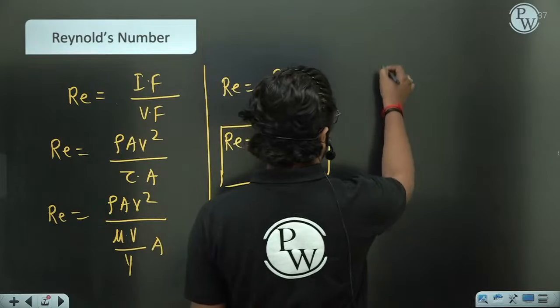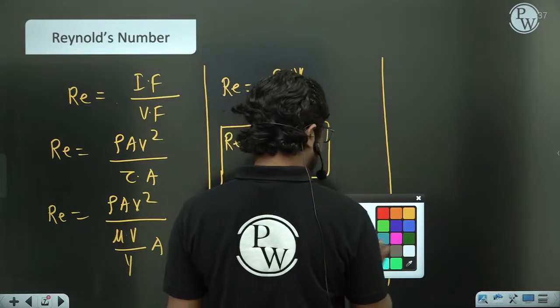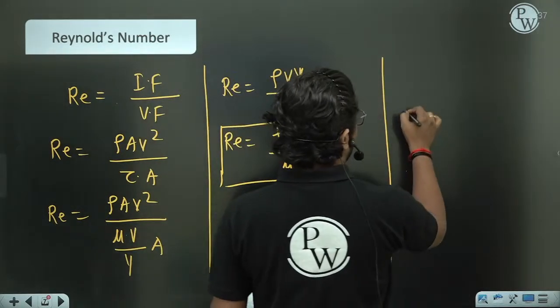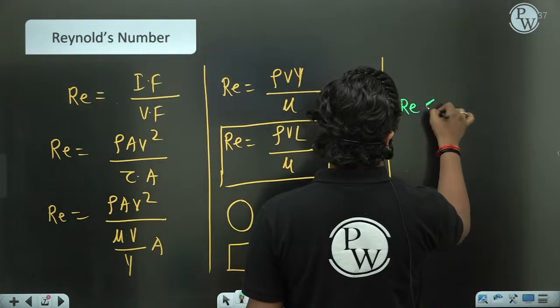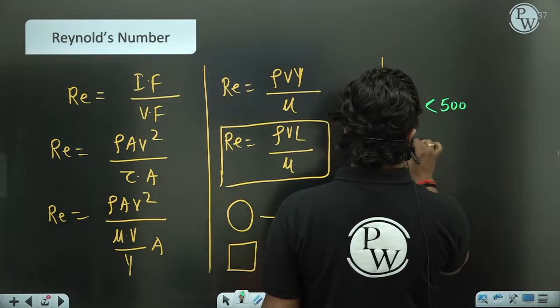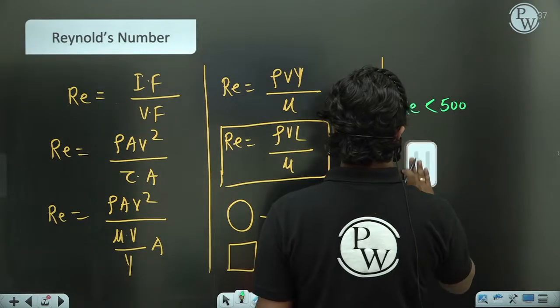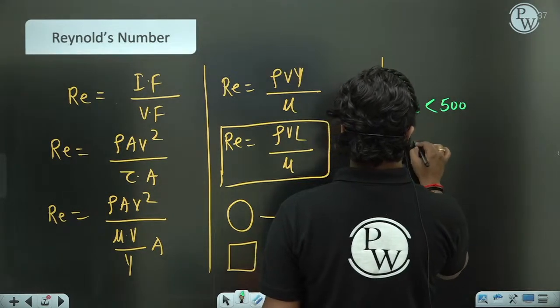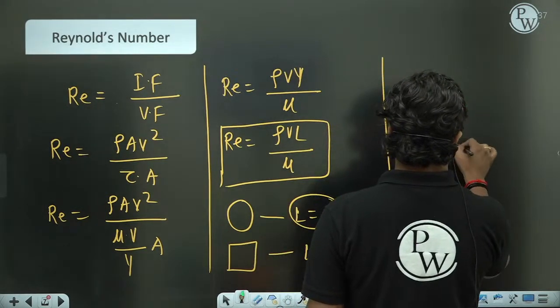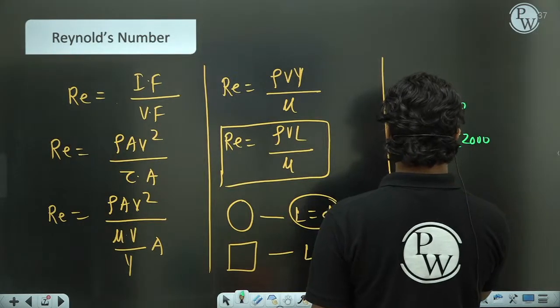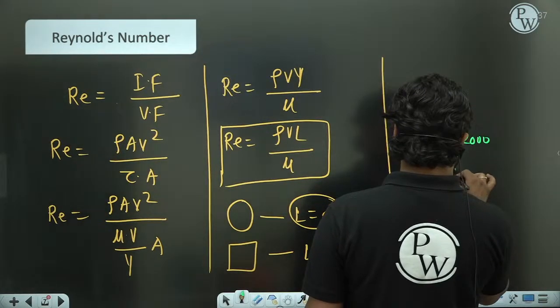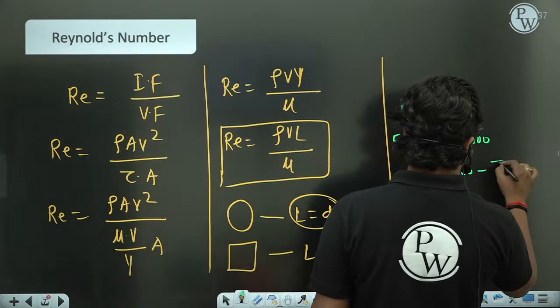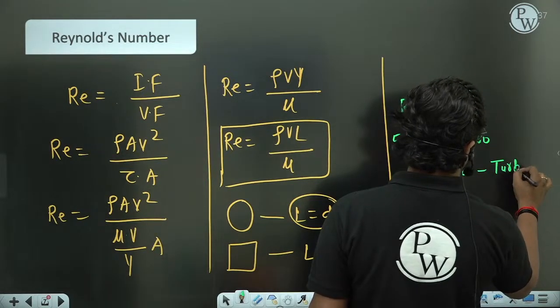Why do we need to study this Reynolds number in open channel flow? Because based on Reynolds number also we have classified our open channel flow. Greater than 2000 we call a turbulent flow.